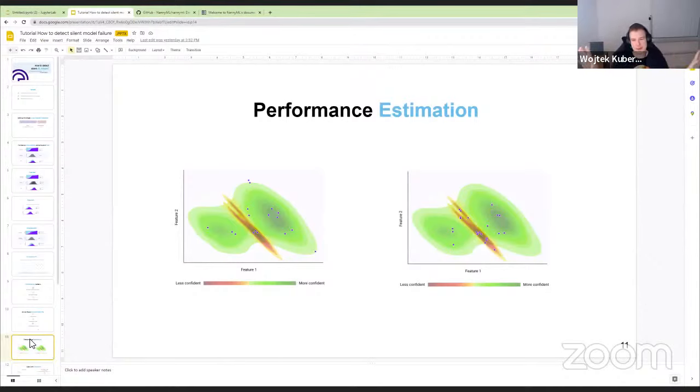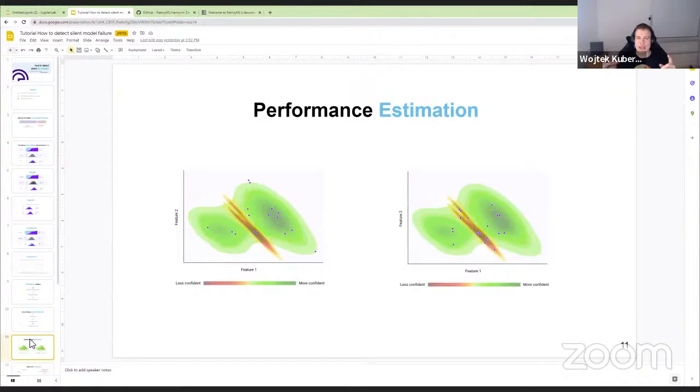So on these wings of the butterfly, we see that the model is confident. This could be that the right wing is the region where there's mostly positive class, and the left is the region where there's mostly negative class. And then we have a class boundary where the model doesn't really know whether to say positive or negative, and we'll have predictions like 0.55. That's in the middle.